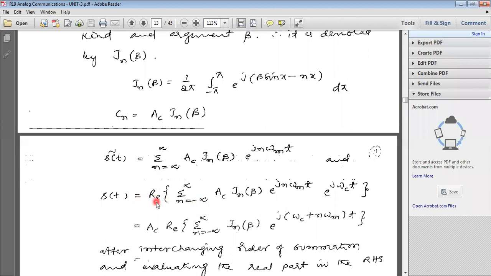S of t equal to the real part of the complex envelope of S of t into e power j omega ct. Now in place of the complex envelope, you substitute the value, that is sigma n equal to minus infinite to infinite AC into Jn beta into e power j n omega mt, into, already we have, e power j omega ct.